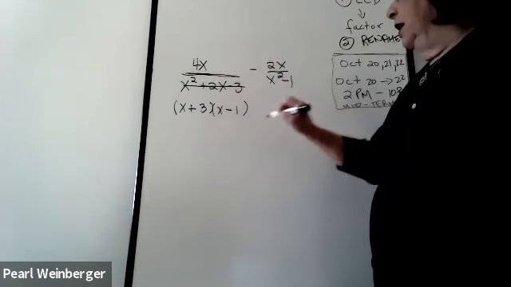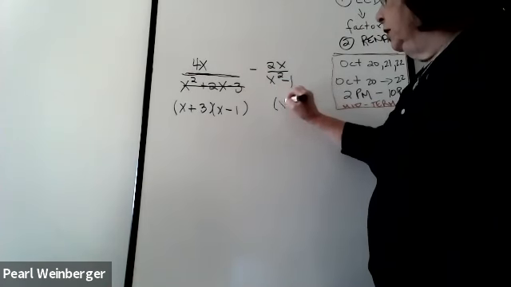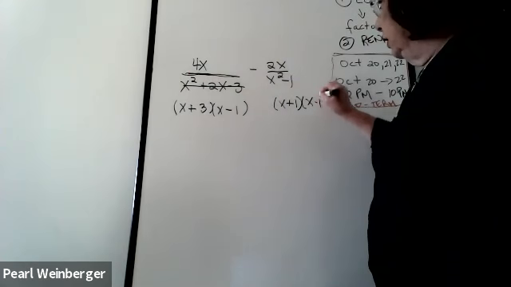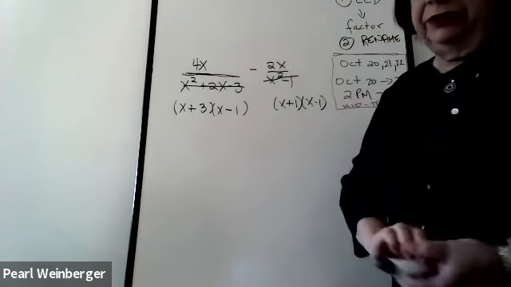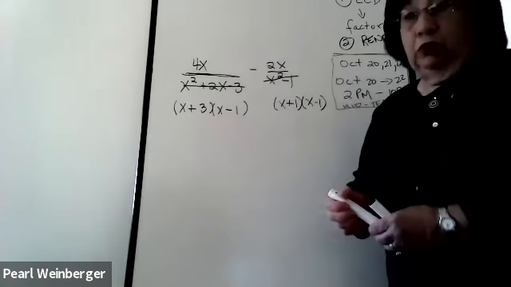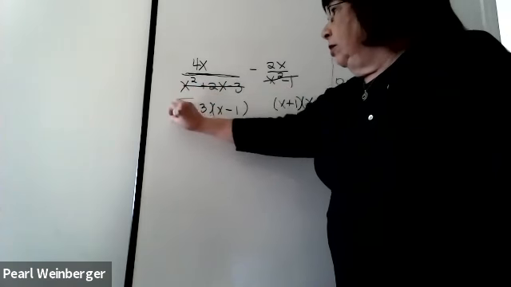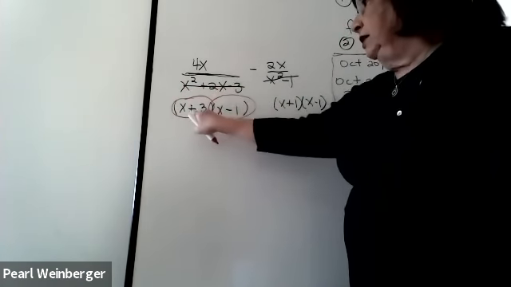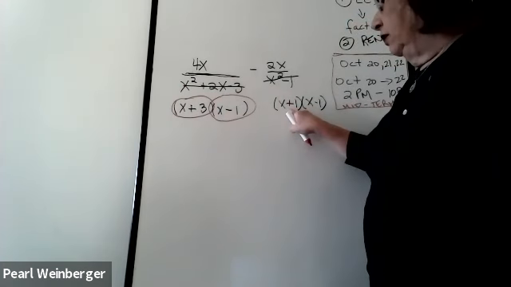That's my first denominator. My second denominator is just the difference of squares. It's x plus 1 and x minus 1. I'm sure you're beginning to realize how important it is to be able to factor. Now let's see. I'm going to circle all my factors for my first fraction, which is the x plus 3 and the x minus 1. Go to my next fraction.